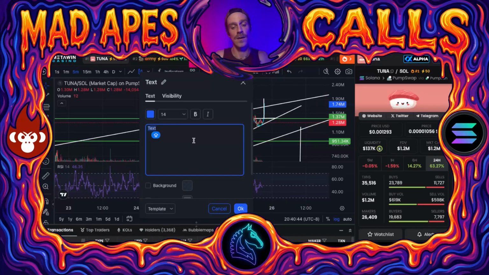So we got ascending triangle, three rising valleys, not yet valid. Three rising valleys, cup and handle, double bottom.